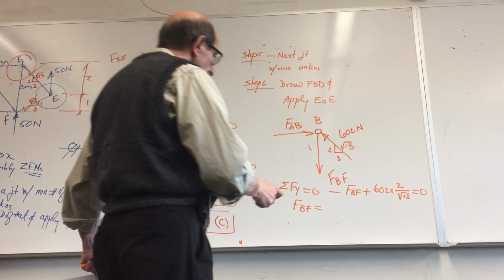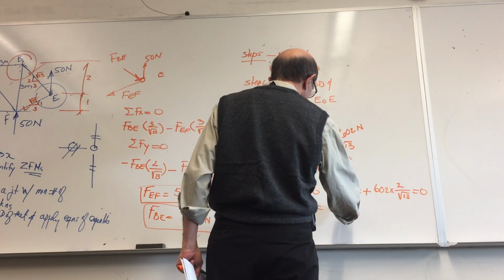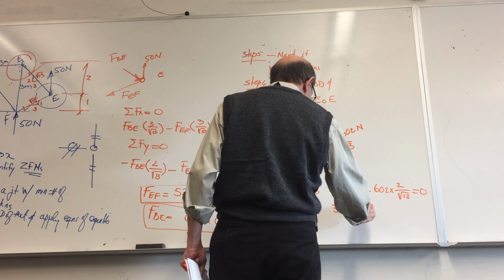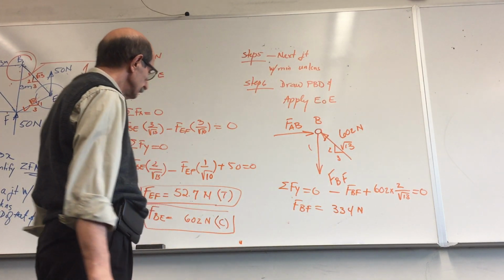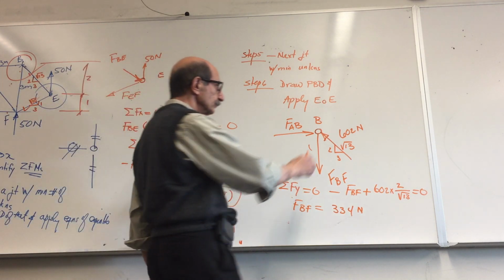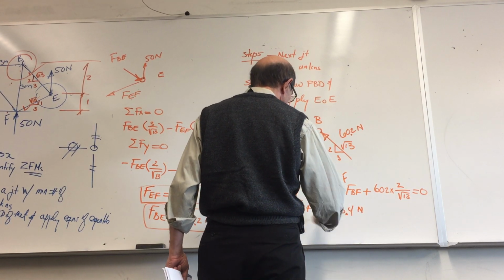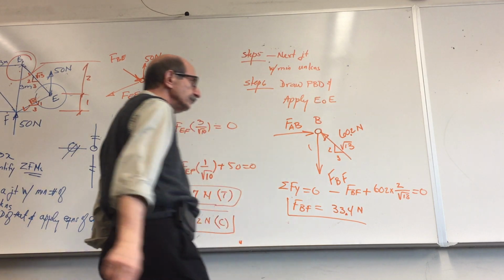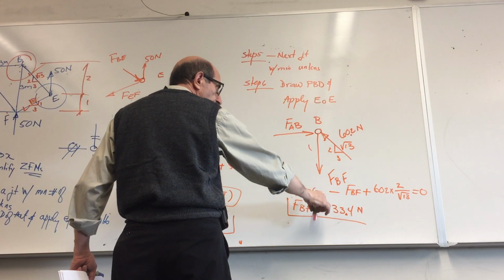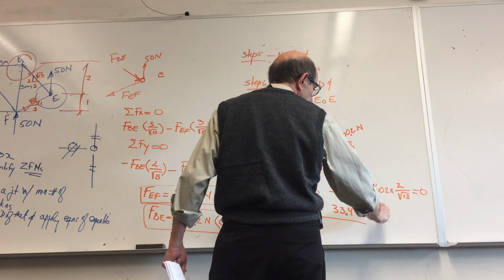How much? 333.9. 334, great. Oh, I'm sorry, this was 60.2. Well, I said 602. So this would be 33.4, right? So that came out to be positive, which means this is going away from the joint, so the corresponding member would be in tension.